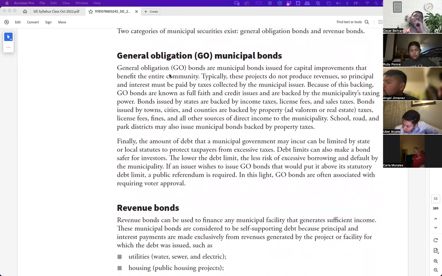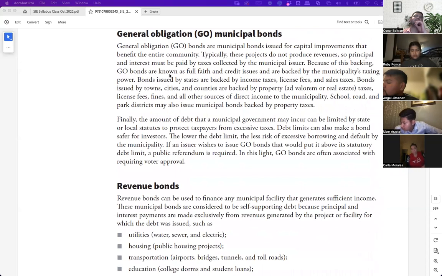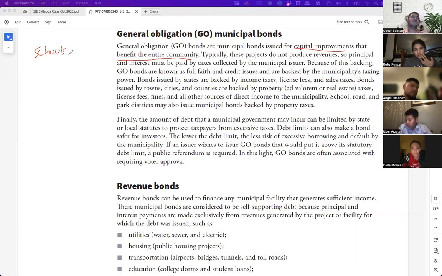All right, so right here with general obligation bonds, let's go here. Issued for capital improvements that benefit the entire community. So what does that mean? What kind of improvements are those? Schools. That could be schools, yeah. What else?